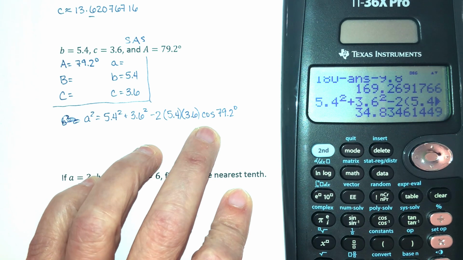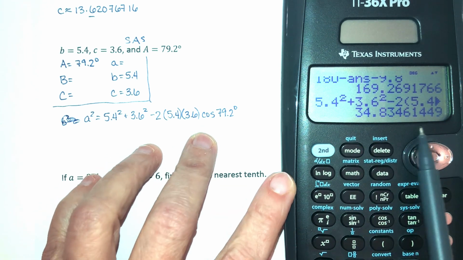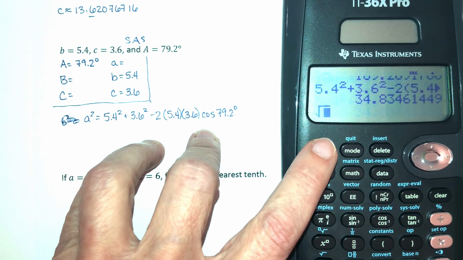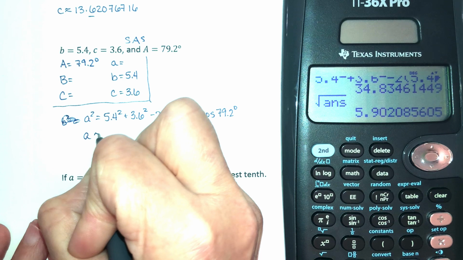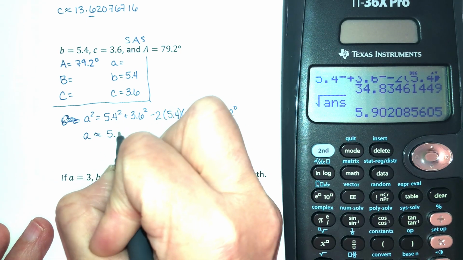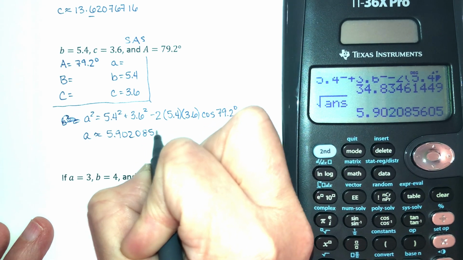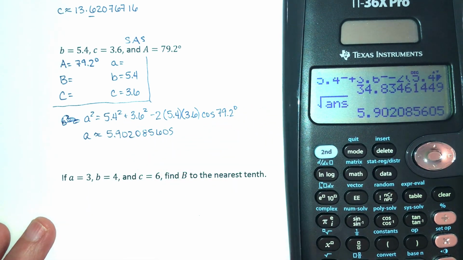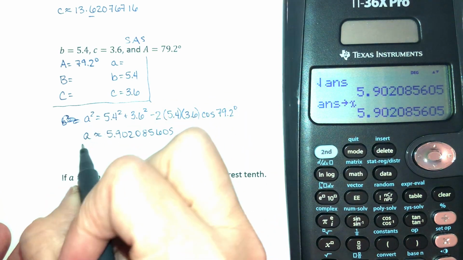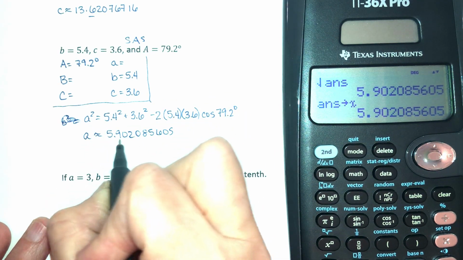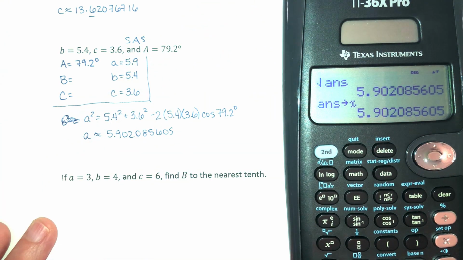And we get A squared is approximately this. We want the square root of this to find A, so take the square root of that answer. And we get A is approximately 5.902085605. I'm going to place that in memory. And we're asked to do the nearest tenth, so that would be 5.9. So 5.9 is what you should enter there.